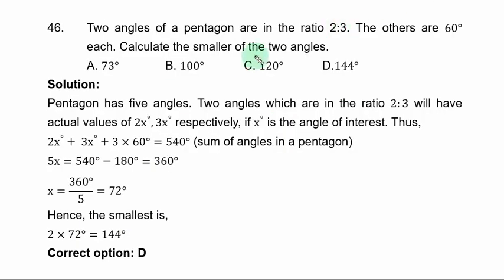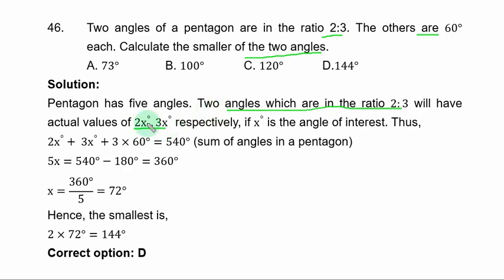Question 46. Two angles of a pentagon are in the ratio 2:3. The others are 60 degrees each. Calculate the smaller of the two angles. Let's assume the angle to be x, and you know a pentagon has 5 angles. So the two angles, which are in the ratio of 2 to 3, have actual values of 2x degrees and 3x degrees respectively, if x is the angle of interest.